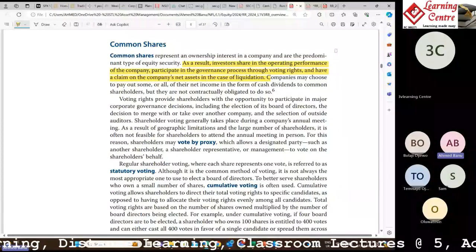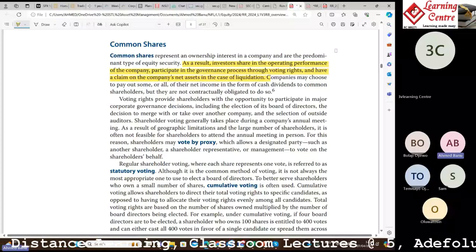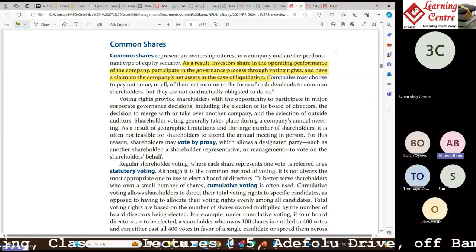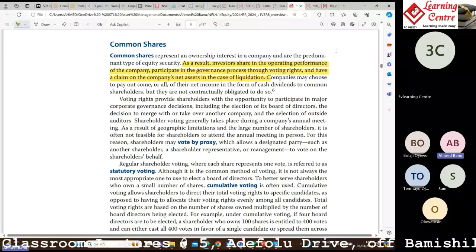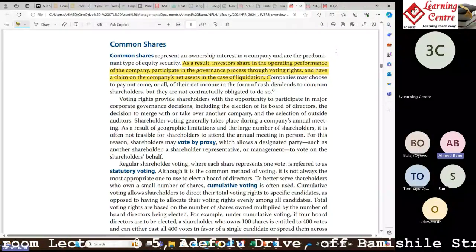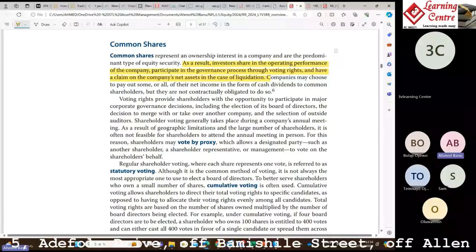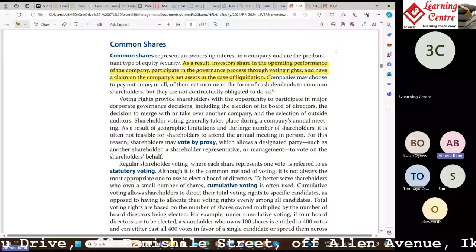Now, let's move to voting rights. Voting rights provide shareholders with the opportunity to participate in corporate governance decisions, including the election of the board of directors and the decision to merge. Let me explain. As a shareholder, like I said, you are part of the owners of the company.